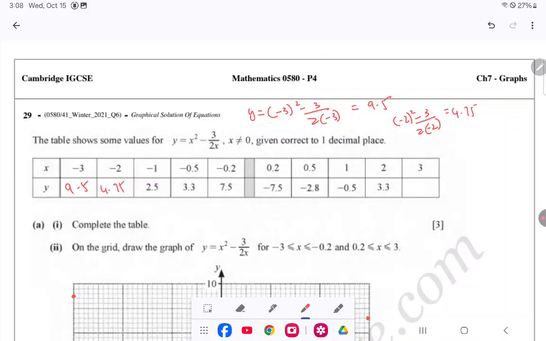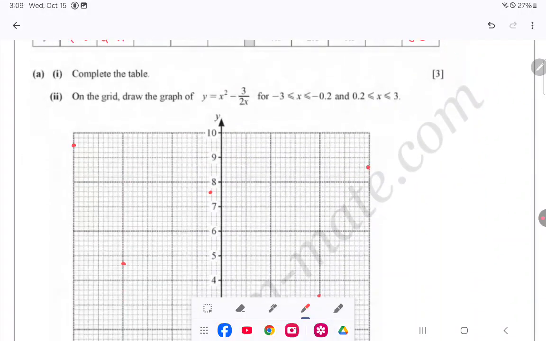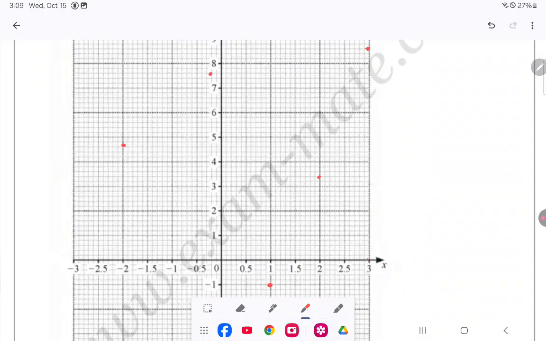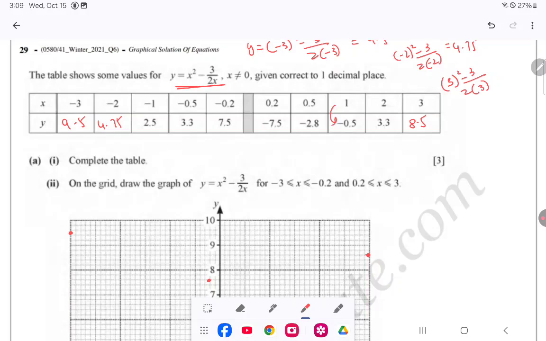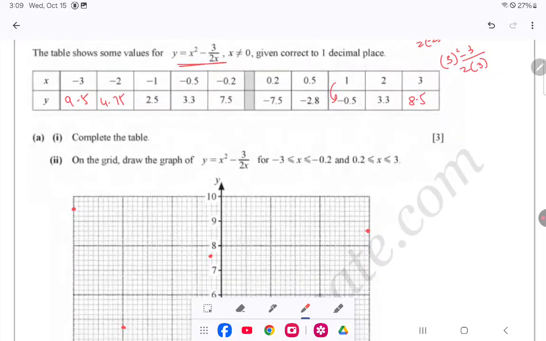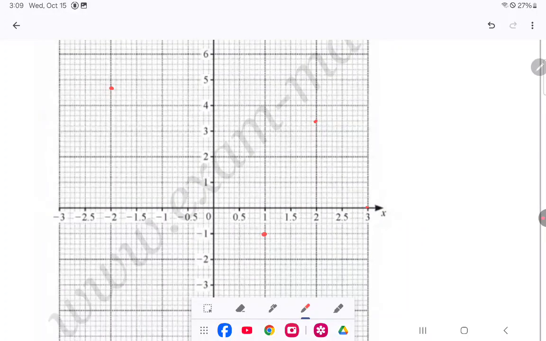And when we put in positive 3 in this equation, 3 over 2 into 3, it will give you the value of 8.5. On 3, it will give you the value of 8.5. And on 1, it will give you negative half.